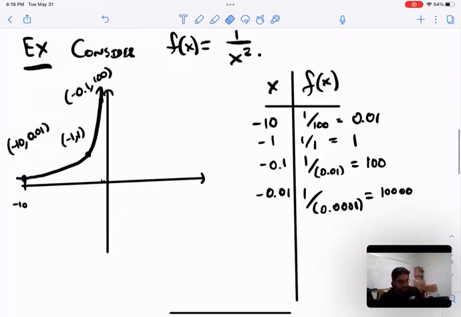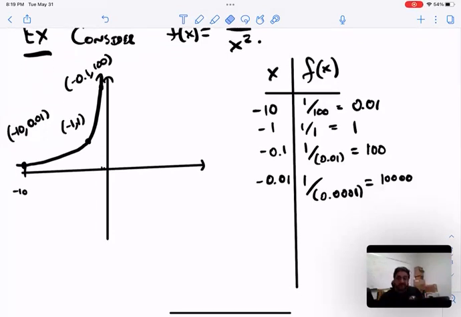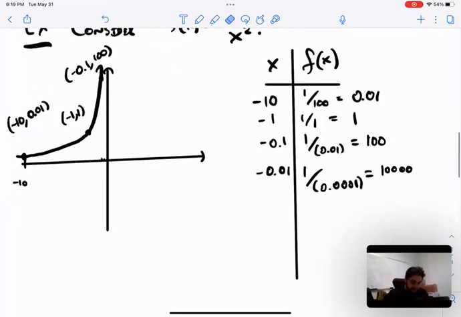So you can see here as x approaches 0 from the left, I'm going -10, -1, -0.1, -0.01, right? x keeps getting closer to 0 from the left. What behavior are we seeing? What's the y coordinate doing? The y coordinate is going to positive infinity, right? So that's the behavior that I observed right here.